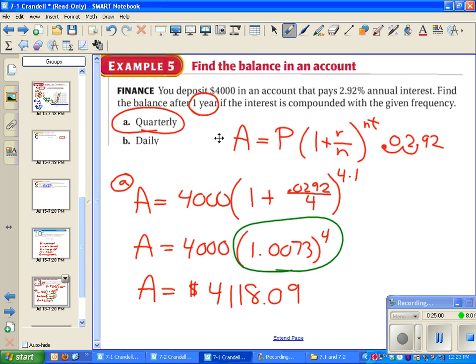For daily, the only thing that's going to change is n, and n is going to be 365. So pause the video and plug it in, and when you get your answer, fast forward to my answer. If you don't get the answer, rewind it and take a look at what I did. But do that right now, all by your lonesome. Go for it.